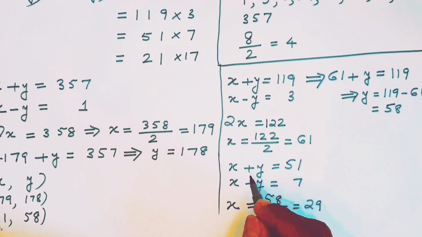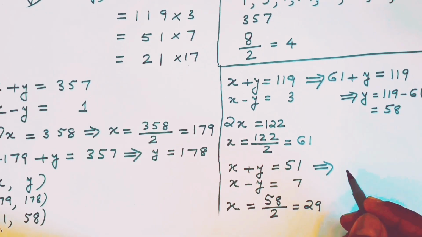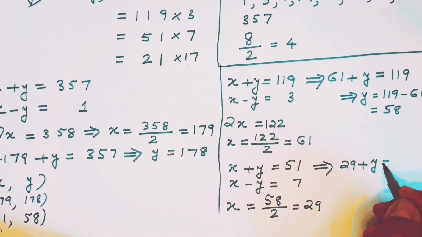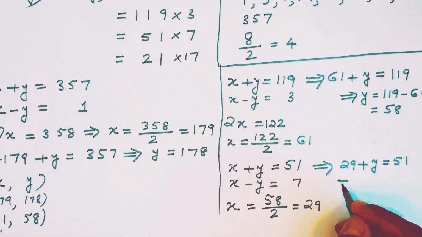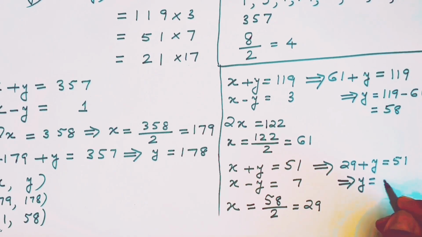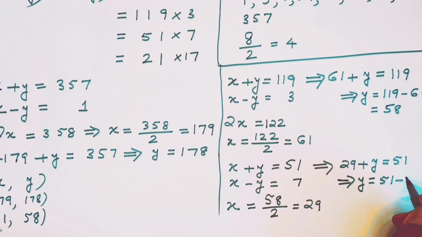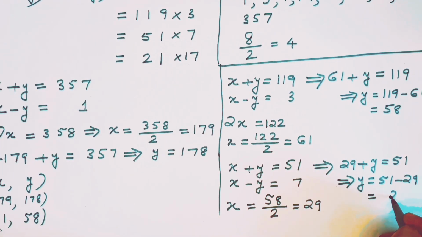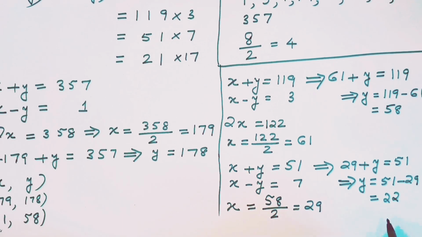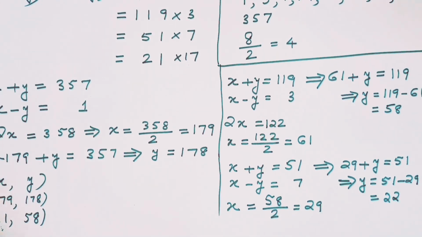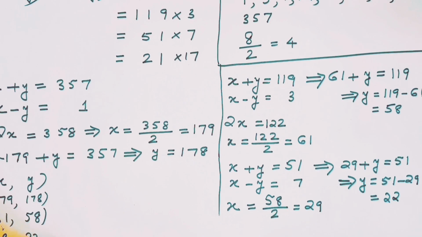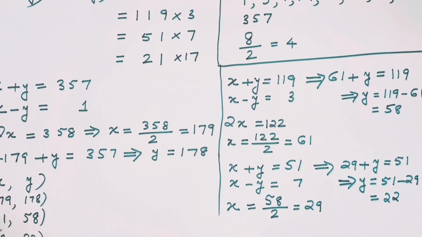Now plug in 29 here for x. So it will be 29 plus y equal to 51. This implies y equal to 51 minus 29, which is equal to 22. Let me write those values here, 29 and 22. This is the third pair of values.